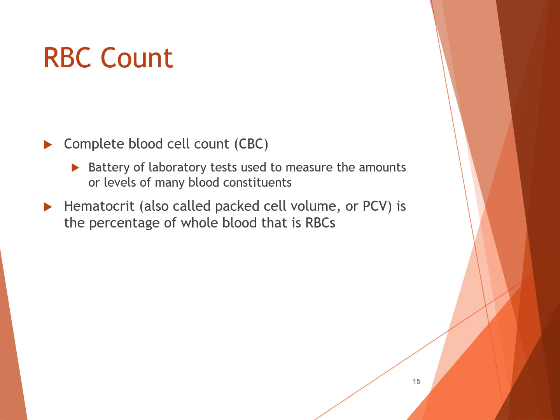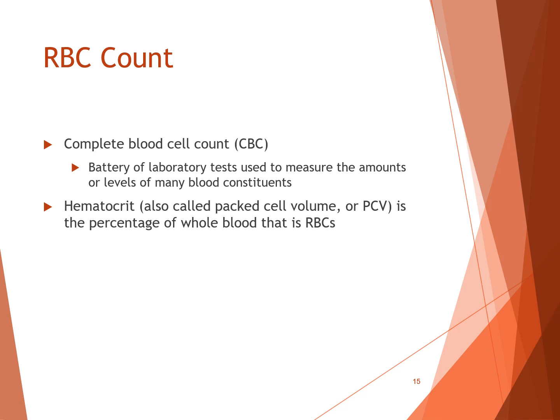Some of the things they might be looking at is the red blood cell count or the white blood cell count, maybe how many thrombocytes we have, the differential white blood cell count, so how many eosinophils, how many neutrophils, how many basophils, so on and so forth, hematocrit, hemoglobin, and other various types of tests that they can look at to assess the normal health of a patient.